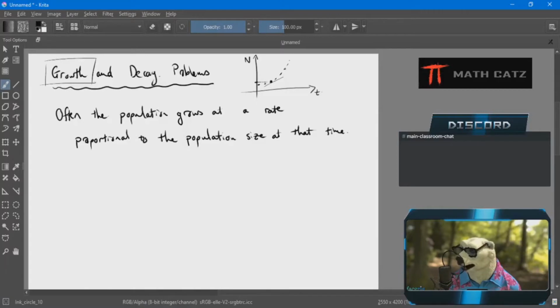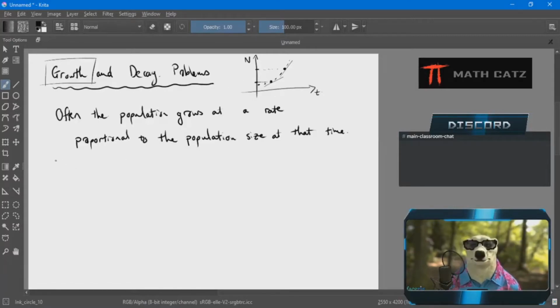Then I grow a little more. Let's suppose I grow to that point. Then the rate of change is proportional, connected directly to how many individuals there are. And therefore, because there are more now, they grow faster because there's more interactions and more opportunity for population growth.